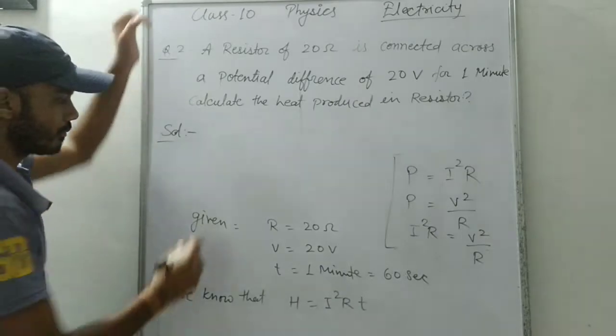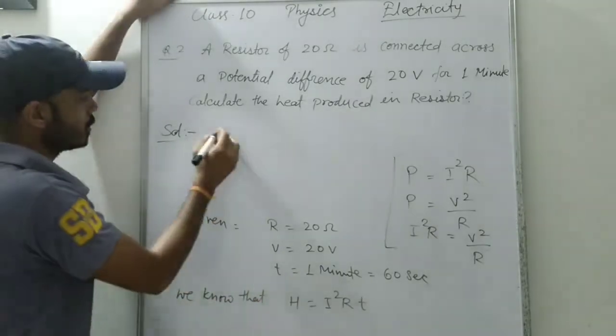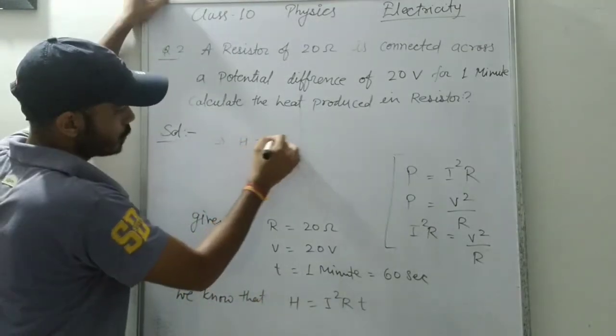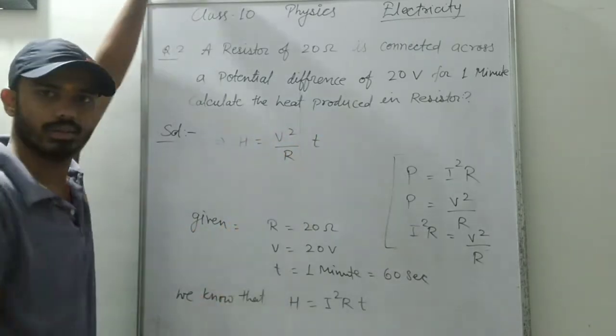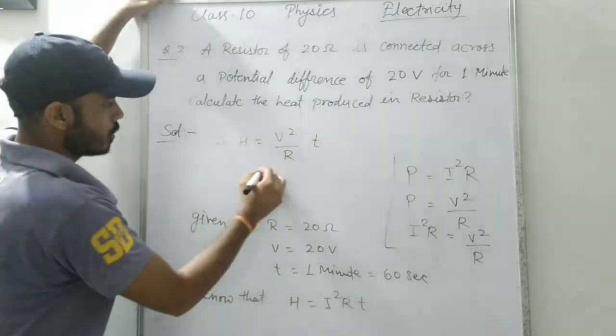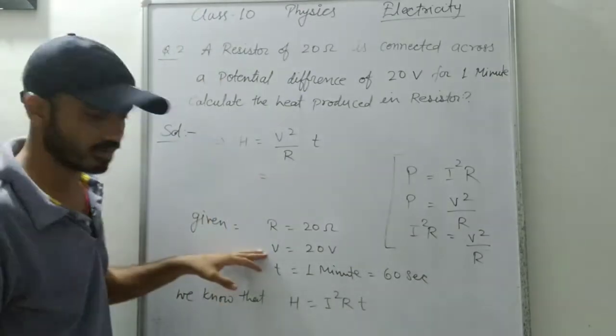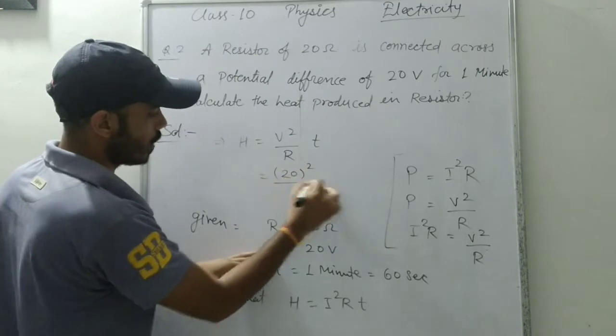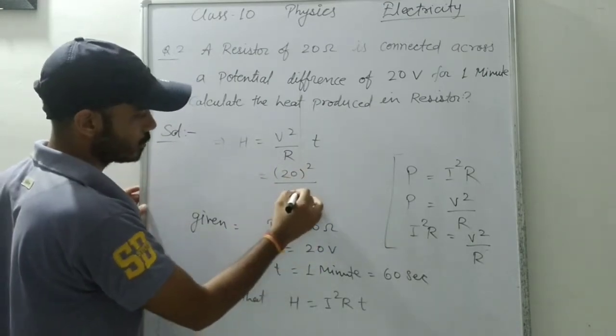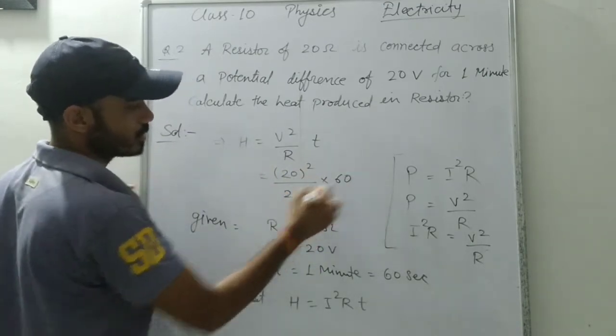So after this I'm writing here H equals V square upon R into T. Okay, so the given value of V is 20, so I am putting here 20 square, and the value of R is 20, into 60.